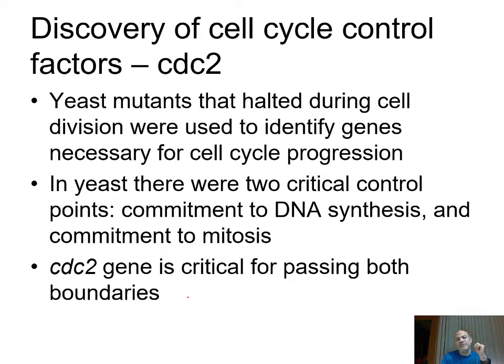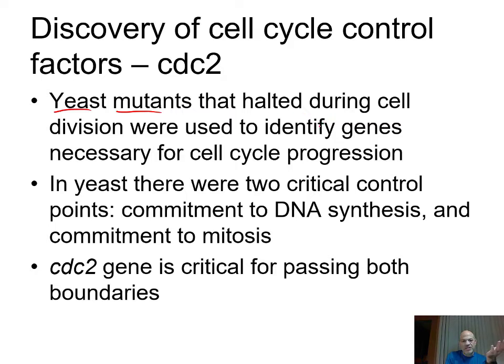Then, in the frog eggs, they learned about an enzyme that phosphorylated. They called it maturation promoting factor because it causes the maturing of eggs, right? And then you have cyclins in the sea urchin embryos. And now they're looking at yeasts, and they're looking at mutants of yeast that could not progress through the cell cycle.